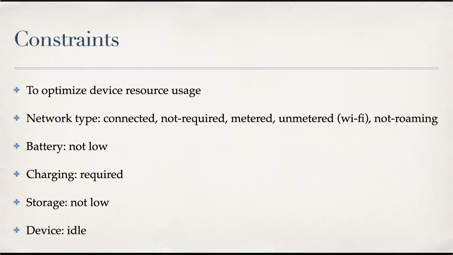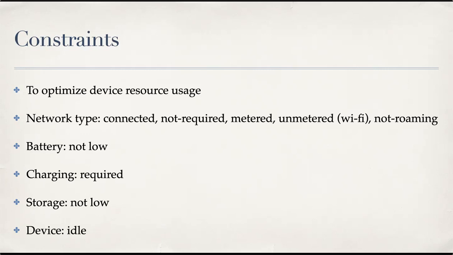Things like that. Similarly, for charging, it is required that the device is being charged when I'm servicing this particular request. Similarly, on storage, the storage is not low when I'm doing something. So it could be, as I said, a bulk download or a system update download, which could run in gigabytes, etc. And finally, I want to do this when the device is idle.